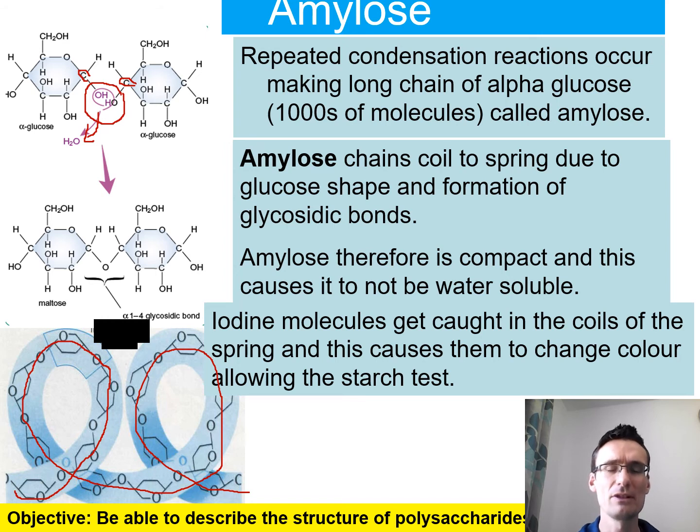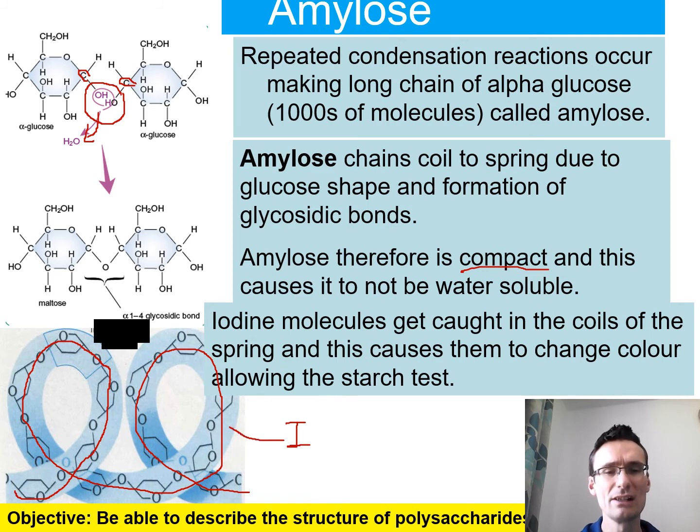Amylose, due to the spiral shape, is very, very compact, and it is also insoluble to water. And a little bit extra for later on in the course, this explains the reason that iodine reacts to change colour in the food test with starch. So iodine, as a chemical in the iodine solution, comes in, and the iodine is a yellowy brown colour.